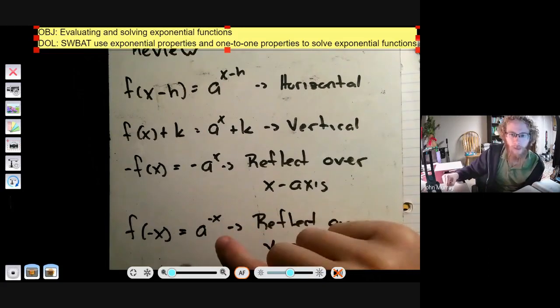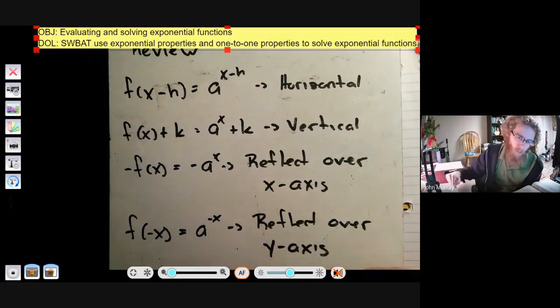But a to the negative x, that's 1 over a to the x, right? So that's flipping your x values, with your positives and your negatives. So that's a horizontal reflection over the y-axis, the vertical y-axis. Were there any questions about that from last week? I think we covered most of that.